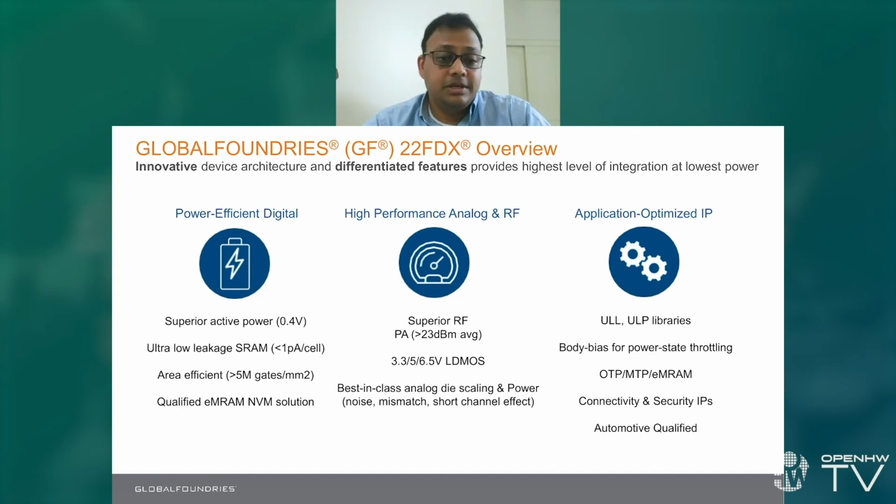You have a very low leakage SRAM, something that you probably have not seen in any of the bulk CMOS or even on the FinFET side, which is sub 1 picoamp per bit cell. Very high area efficiency in terms of gates per millimeter square. And last but not least, we have enabled, instead of flash in this technology, the NVM option as eMRAM, which gives you a huge advantage in terms of write power.